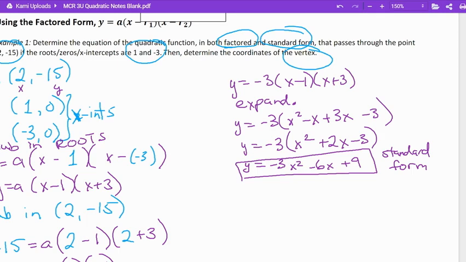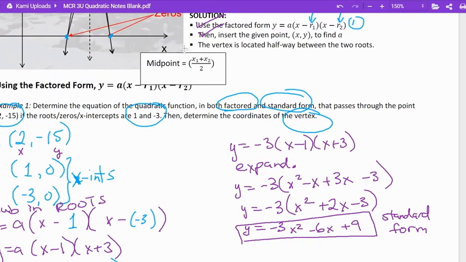I'll show you another way, just so you have more arsenal here. Do you remember the midpoint formula? If you want to find the middle of 2 points, you take the x's, add them up, divide by 2 to find the average. And then you could also take the y's and divide them by 2.